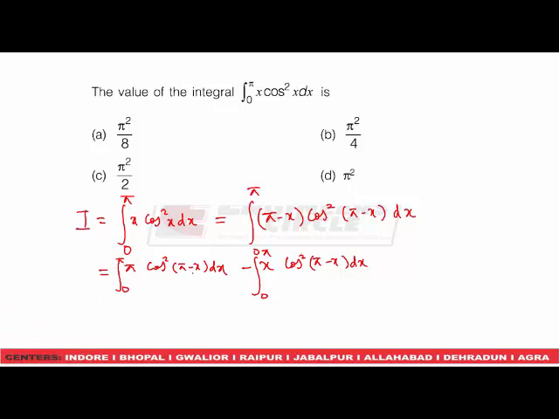Now again applying the definite integral property, taking pi common, pi minus x we can replace with x, so it is pi integral 0 to pi cos square x dx, minus integral 0 to pi x cos square x dx.